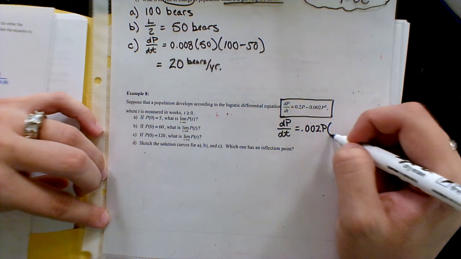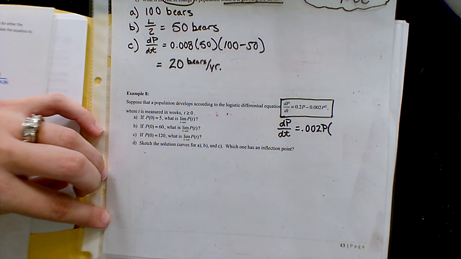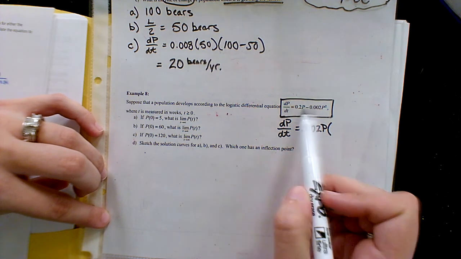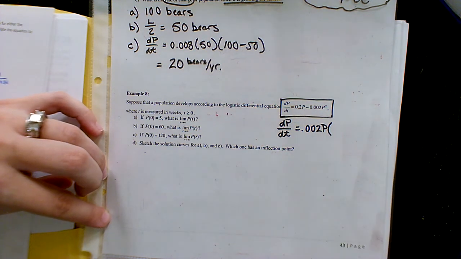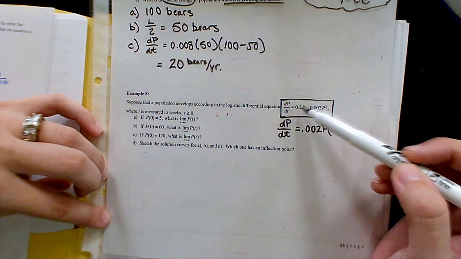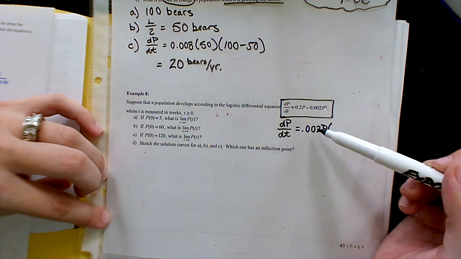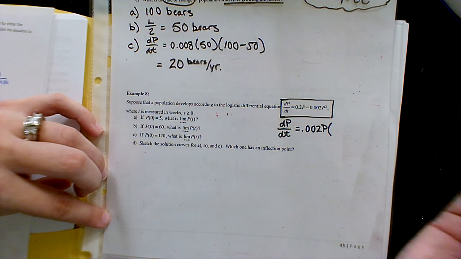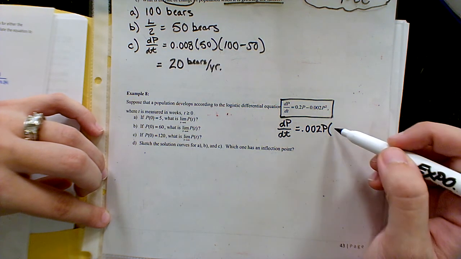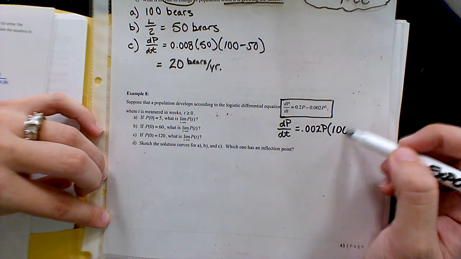If we were to divide out a 0.002p from both of those terms, what would we be left with? 0.2 divided by 0.002 would be 100.